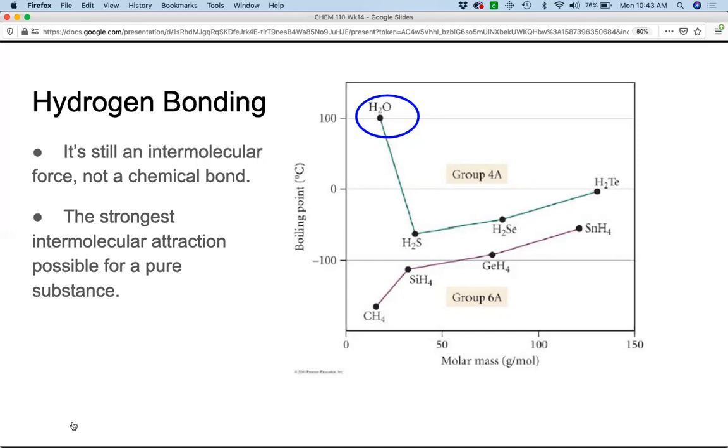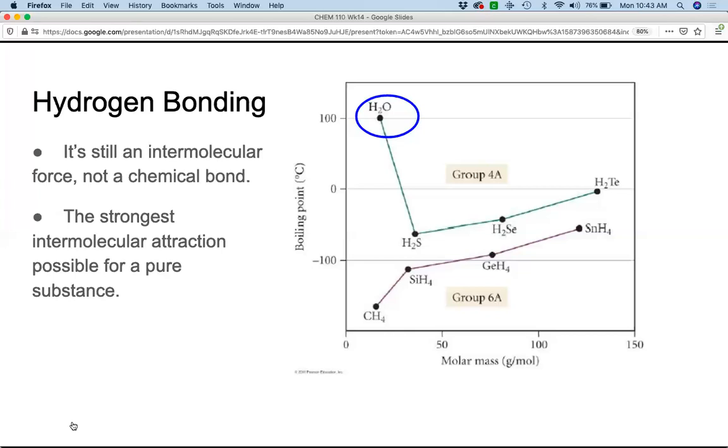What we see here are trends for boiling point for group 6A and group 4A atoms. So in this case, it's the molecules that are formed when group 4A bonds with hydrogen, and the molecules that are formed when group 6A bonds with hydrogen.